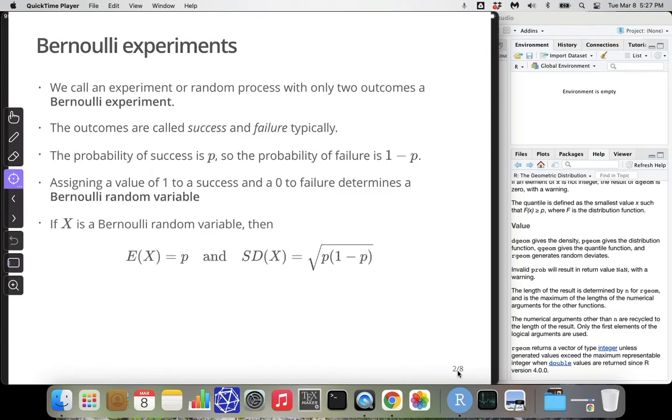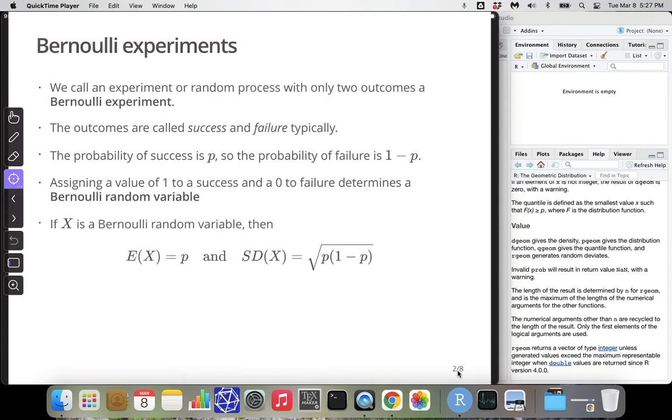Well, it's any experiment or random process with only two outcomes. And remember, we typically call these outcomes success and failure. We denote the probability of success by P, which means that the probability of failure has to be 1 minus P. We assign a 1 to success, a 0 to failure, and that gives us a Bernoulli random variable.